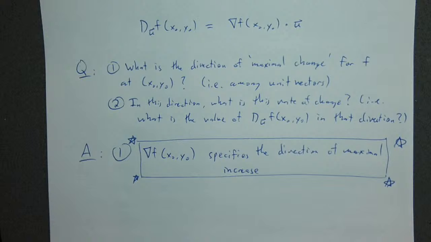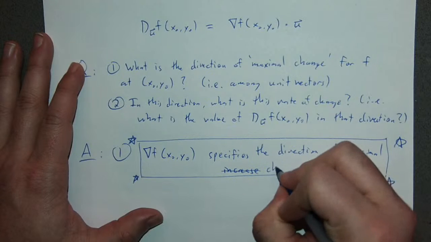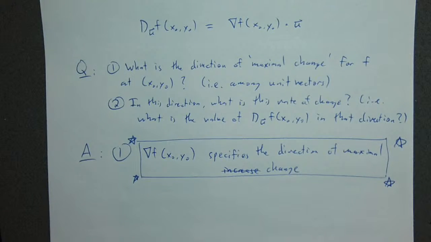Now, I say maximal increase, but really I should say maximal change. What I said is not really false, as we'll see. It's actually 100% true, but it can be a little bit confusing because this gradient is going to point out the direction of maximal increase and the direction of maximal decrease.